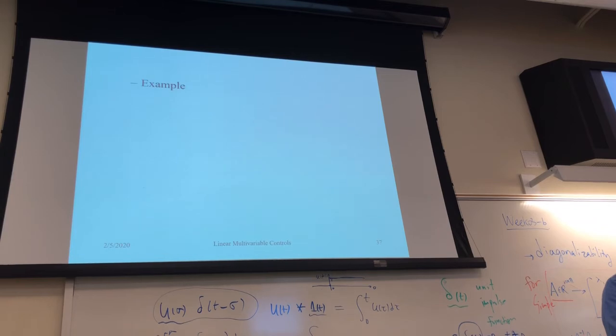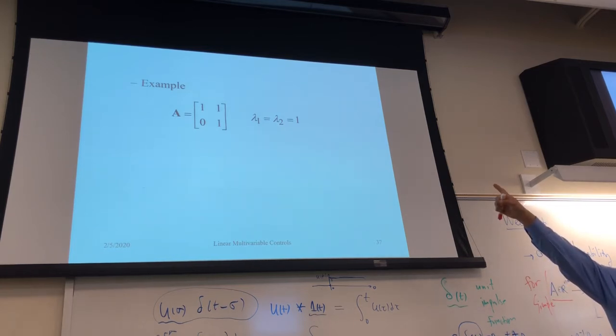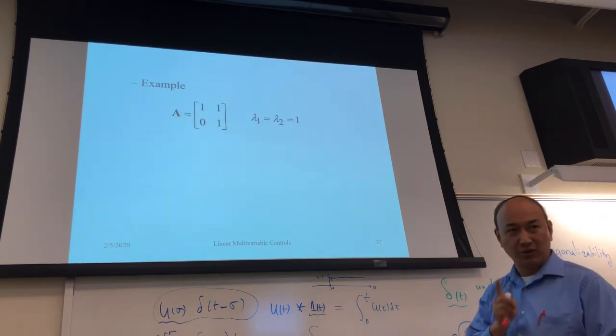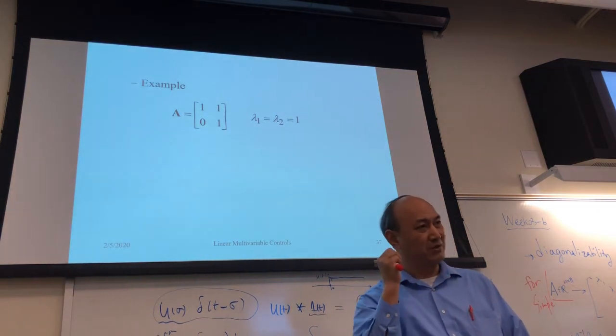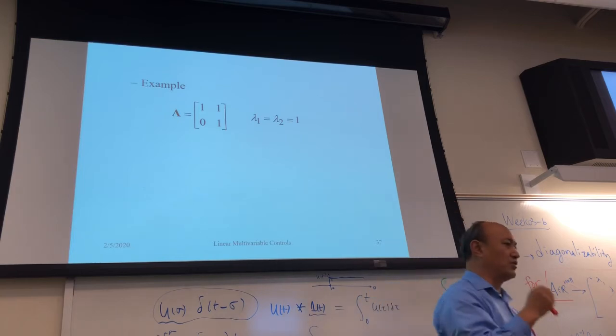So I'll give you an example. What's the difference between this and the unit matrix with 1, 1? In the upper corner you have 1. So although you still have eigenvalue 1 and 1 with multiplicity 2, this matrix cannot be diagonalized. This is called a Jordan block.